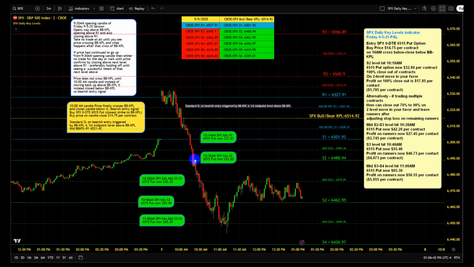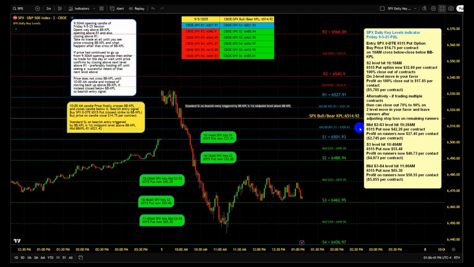If, however, you're trading multiple contracts, and that would mean at least 3 or more contracts, preferably 4 or more, then your alternative, if you do not want to close out all 100%, is that you can close out between 70% to 90% of them when it hits this level, and then you would leave the remaining ones as runners and adjust your stop loss on those runners.